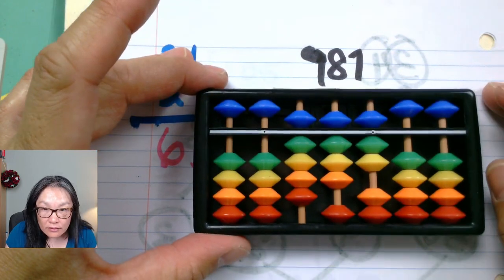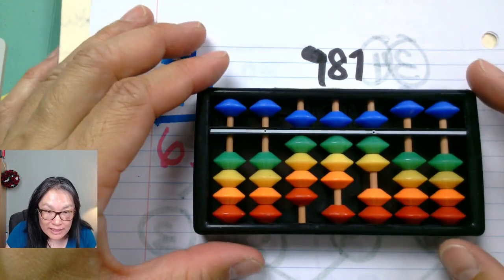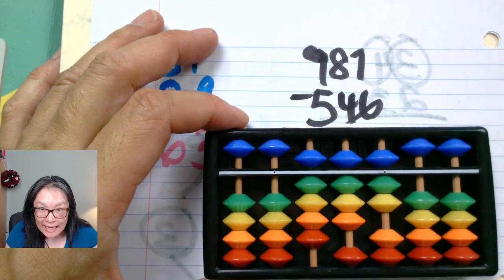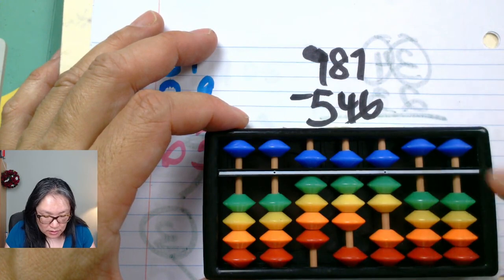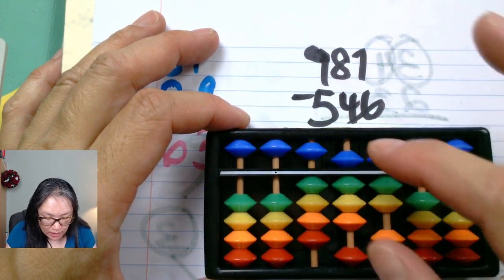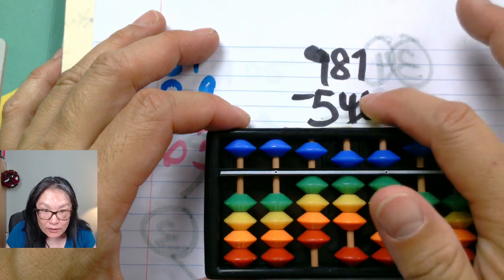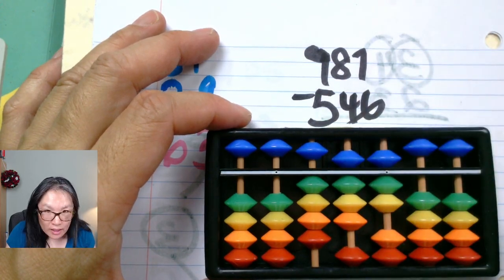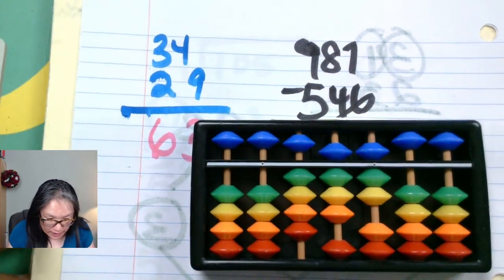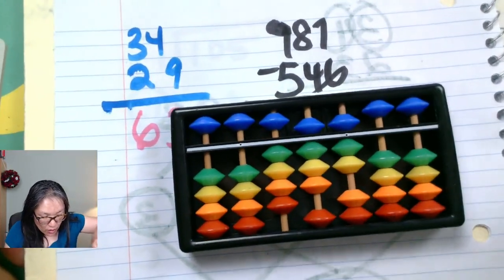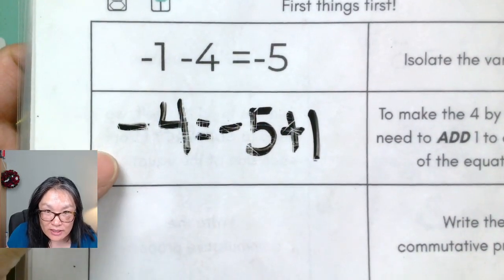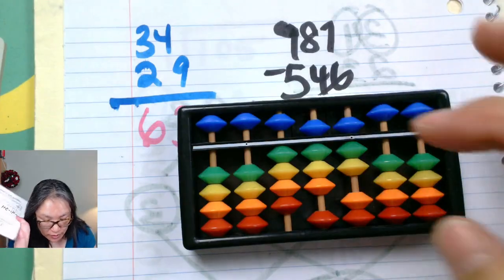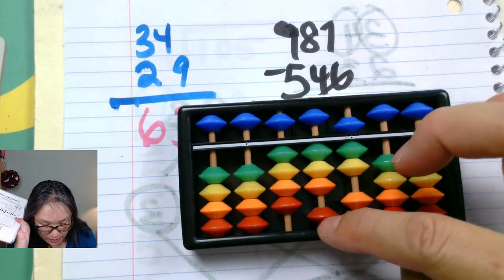So we're going to do 987, right? 987. We're going to take away 5. Can I take away the 5? Yes, we can. So I'm going to take away the 5. I want to take away the 4. Can I take away the 4? No, I cannot take away the 4. We know how to take away the 4. We do minus the 4 is equal to minus the 5 plus the 1. So we're going to do minus the 5 plus the 1.